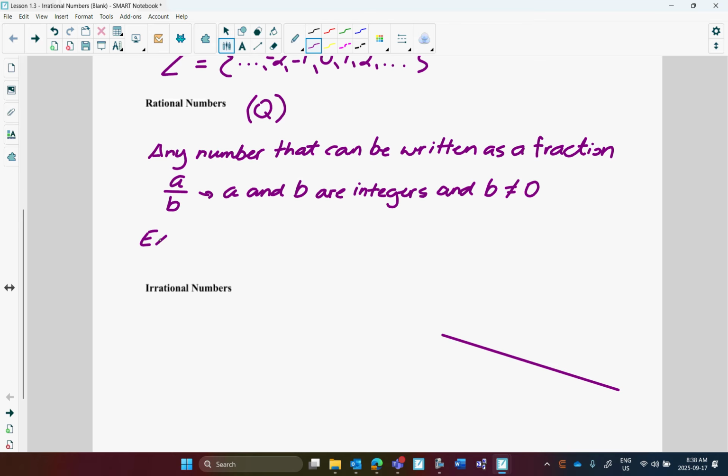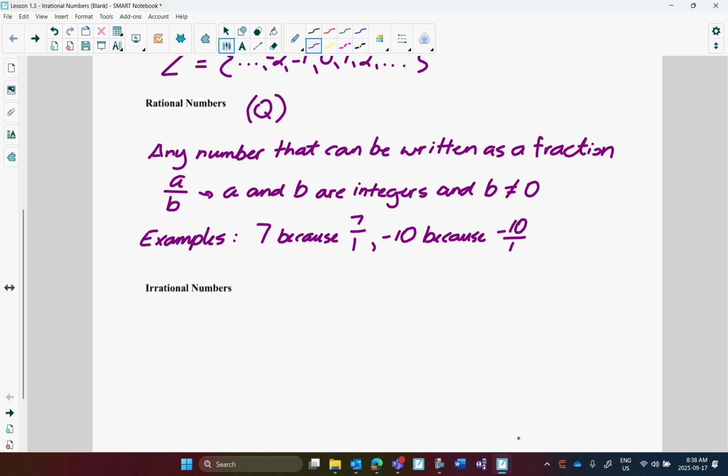So as examples, I could write 7 is a rational number, because how would you write 7 as a fraction? 7 over 1. -10 is a rational number, because you can write that as the fraction -10 over 1.